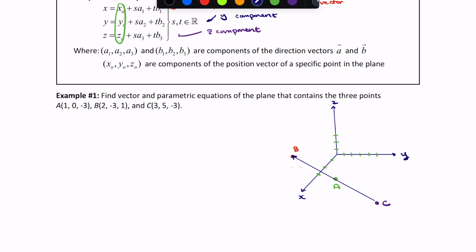Here we can draw our vectors. Okay, so if we look at our vector a, that can be represented as vector AB, which is B minus A, and so that's equal to (1, -3, 4).